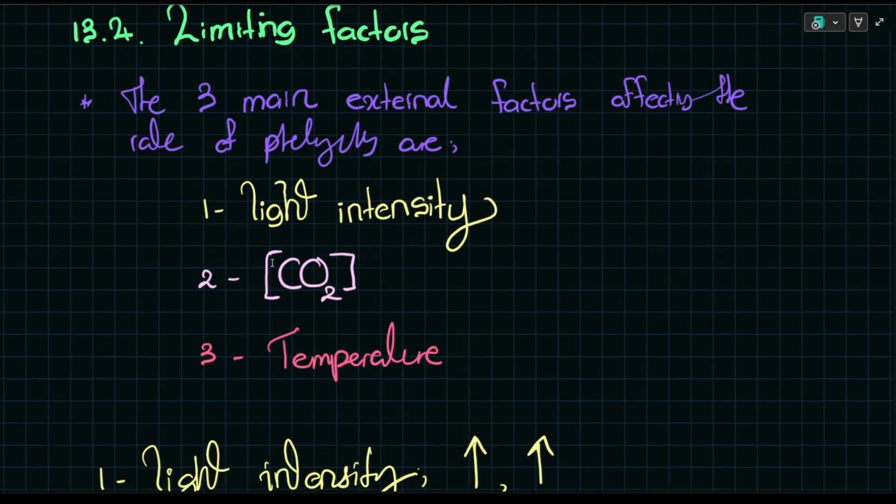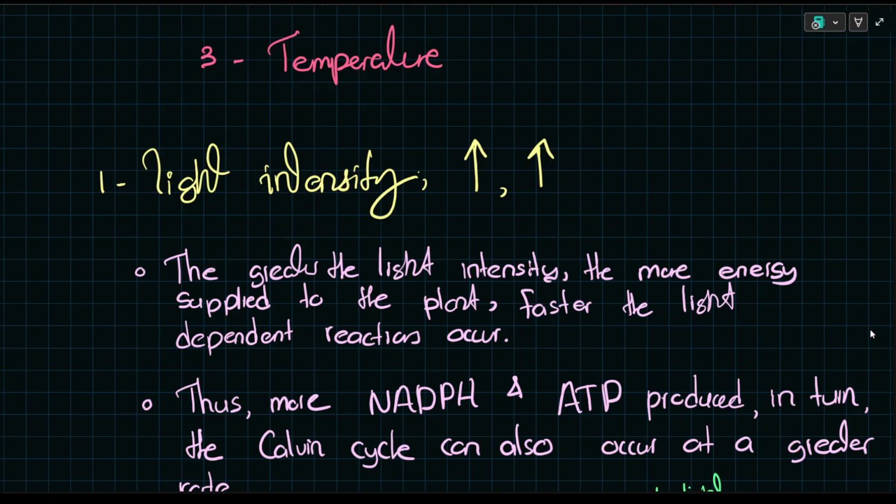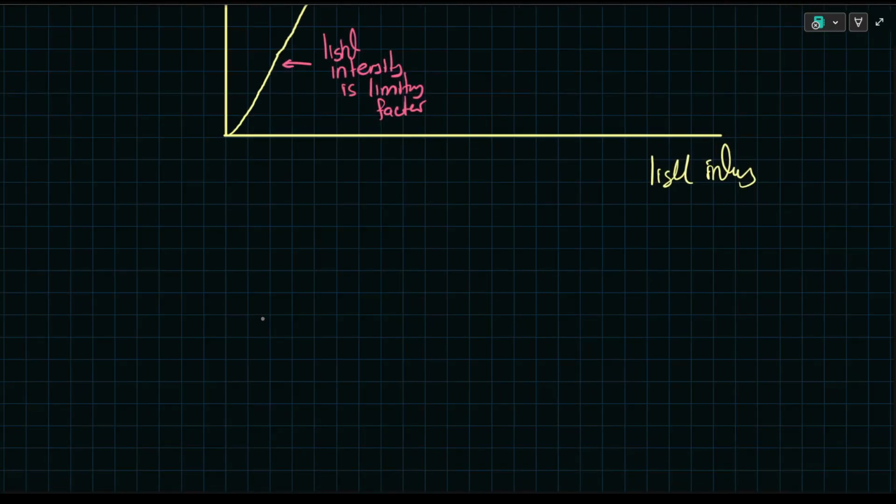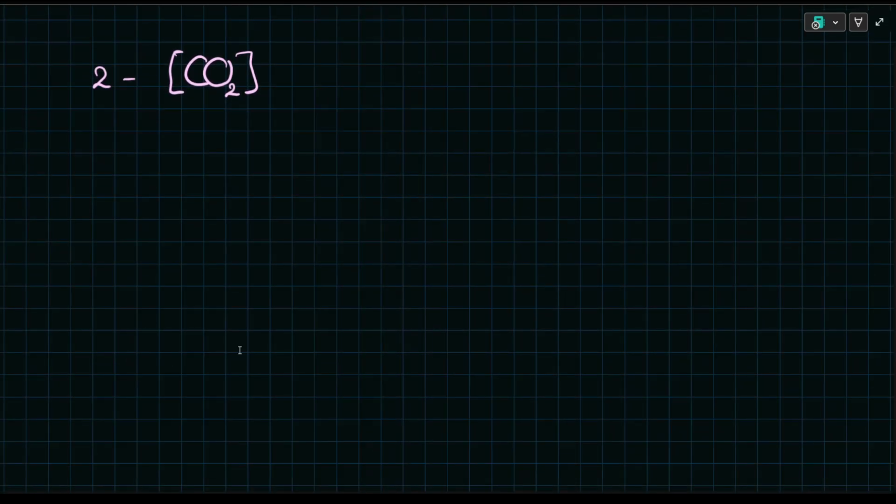Moving on to the second one. Carbon dioxide concentration. Let's see how CO2 concentration affects the rate of photosynthesis.